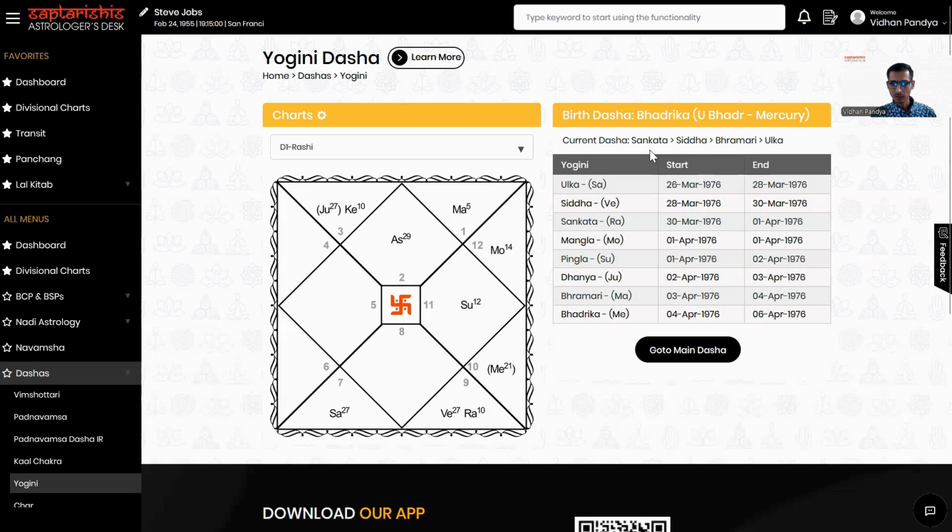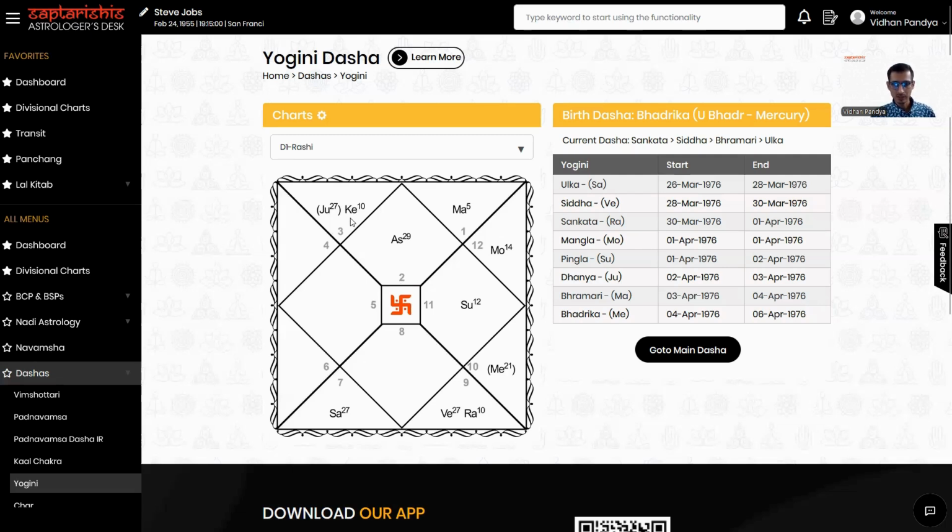The Dasha on the day will be Sankata. We know that half of the Mrikshira nakshatra falls in the Taurus sign and the second half of it falls in the Gemini sign. This event happens in the second half of the Dasha of Sankata, which means you have to see the chart from Gemini sign, right?